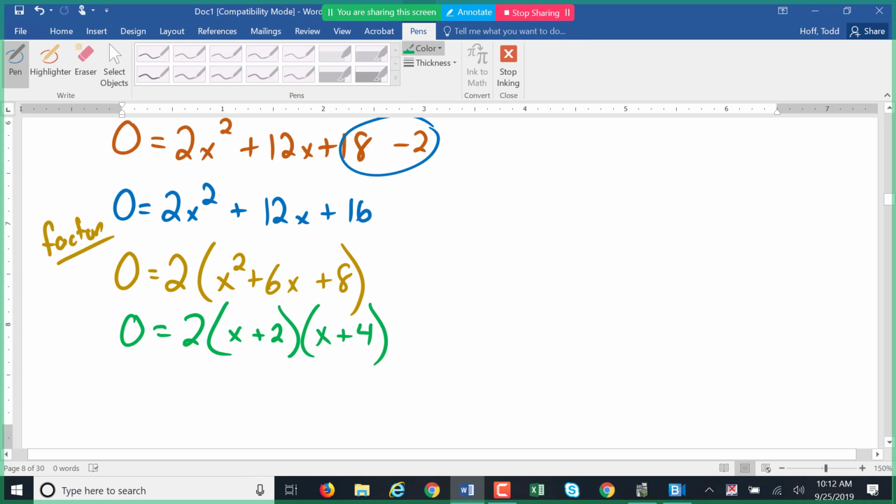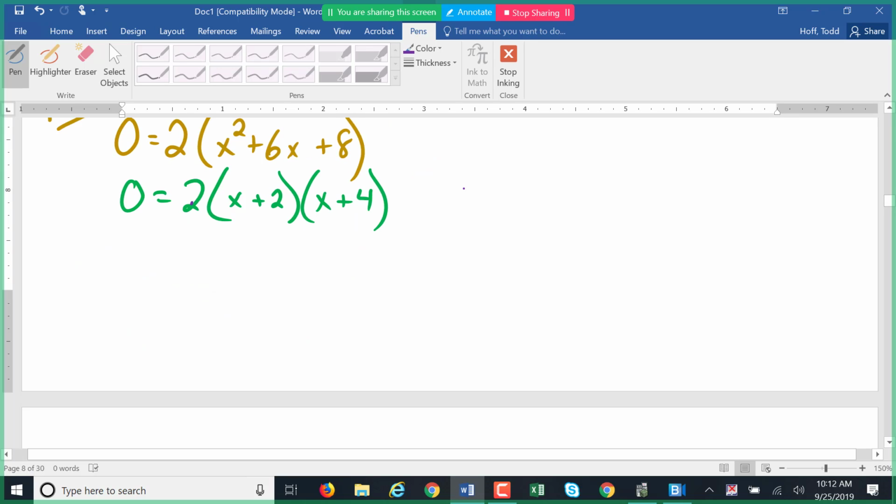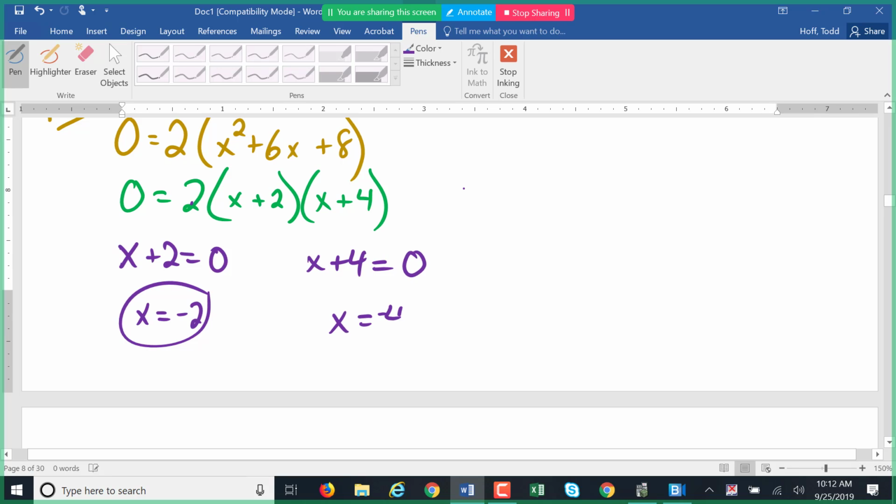So we set the pieces equal to 0. 2 can never equal 0, so we don't worry about that one. x + 2 will equal 0 if x equals -2. x + 4 will equal 0 if x equals -4.